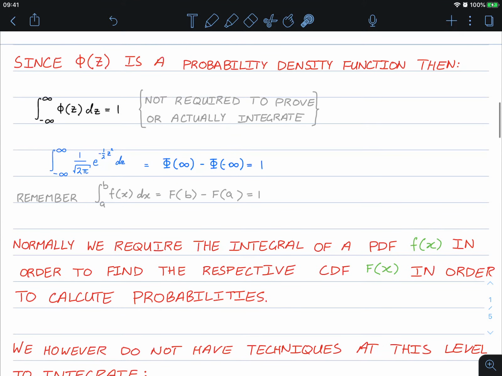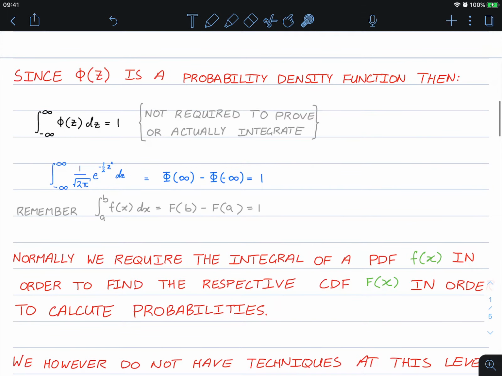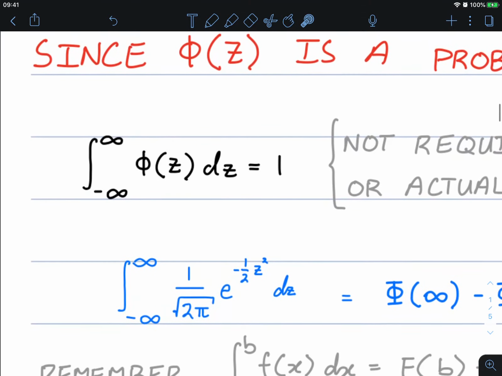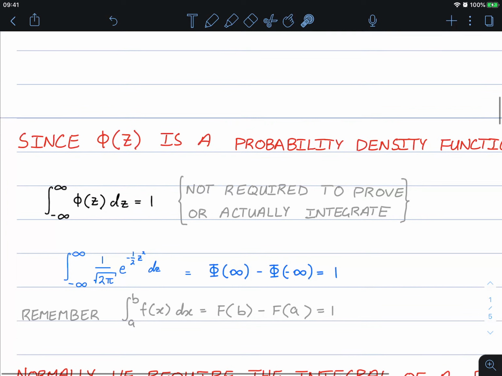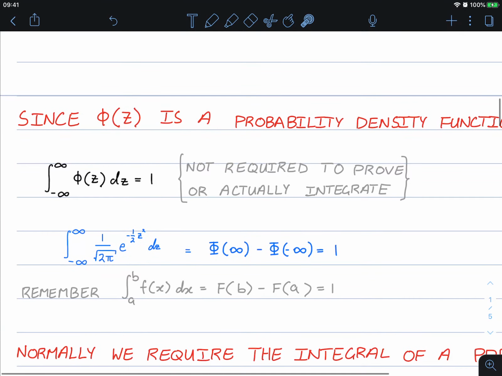Since phi of z is a probability density function, then if we were to integrate it from negative infinity to infinity, its total area will be 1. We're actually not going to be required to prove that or actually integrate it at all.